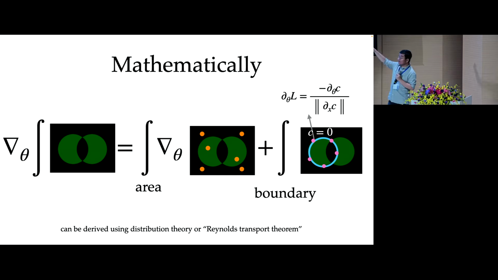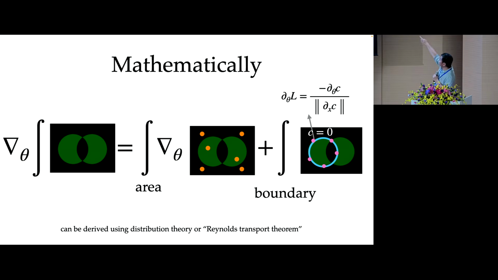When you have an integral, and you want to evaluate the derivative of that integral, the derivative can be decomposed into two parts. The first part is pretty much just traditional automatic differentiation. You take all these yellow samples, and you ask them what the derivatives are with respect to theta. But there's an important second part of that derivative, which is an integral over the boundary set, over all the discontinuities.